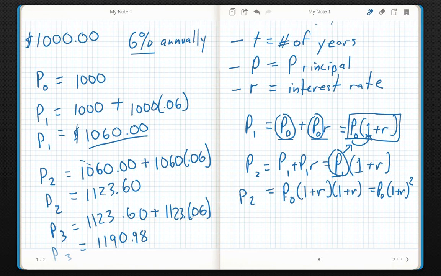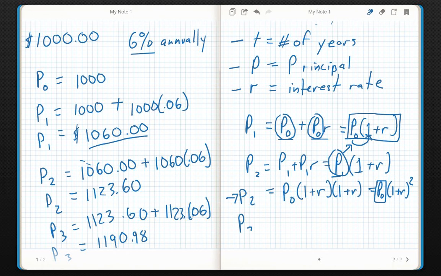So P2, our balance after 2 years, is our starting balance P0 times 1 plus our rate, in this case 6% or 0.06, raised to the power of the year that we're talking about.